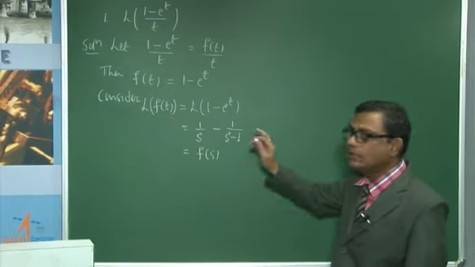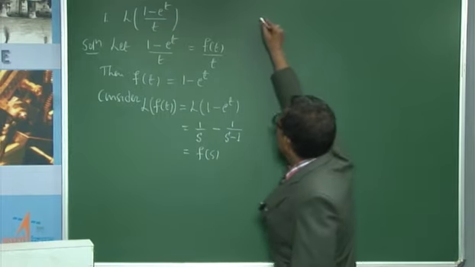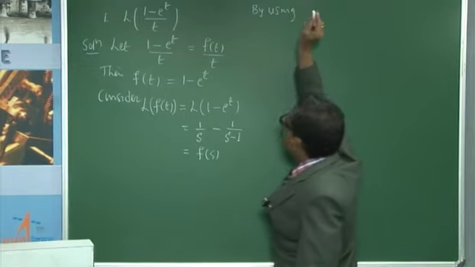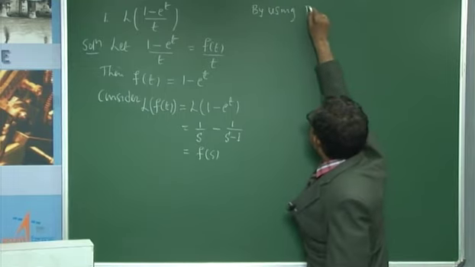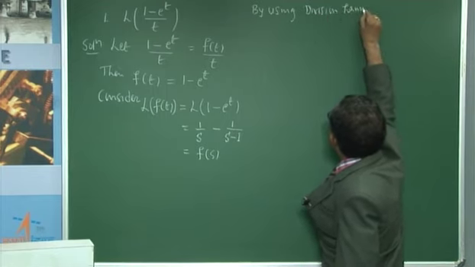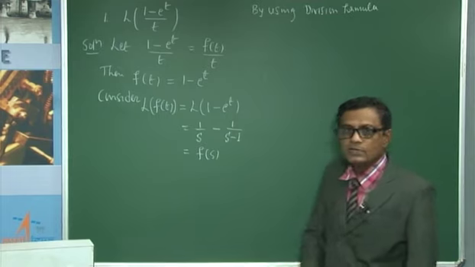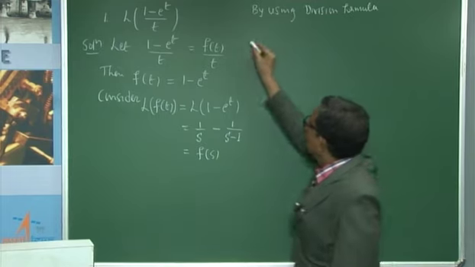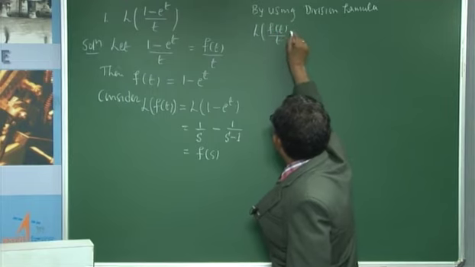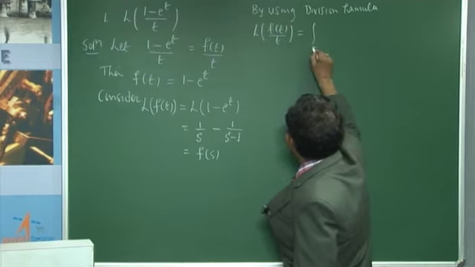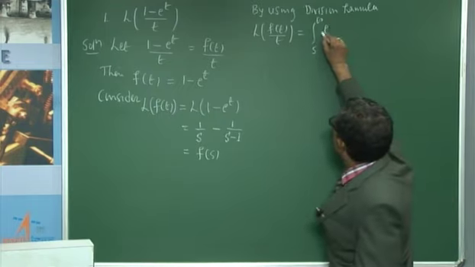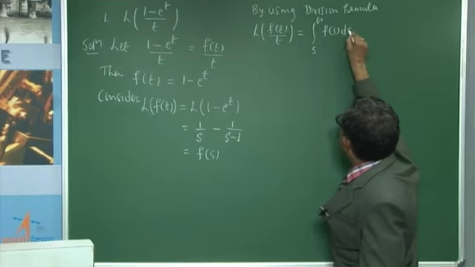Now you can apply the division formula. What is your division formula? L of f of t by t is equal to integration s to infinity f of s ds.